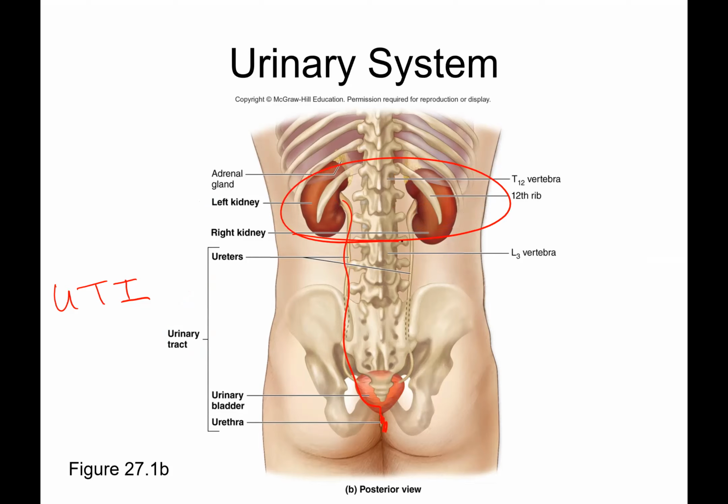Okay. And in patho, we'll get into more of pre-renal and then intrarenal and then post-renal infections. But for now, just know that when you think urinary tract infection, ureter, urinary bladder, or urethra.